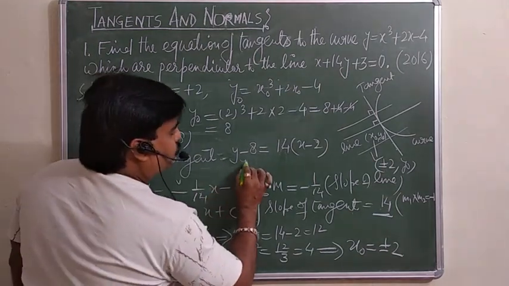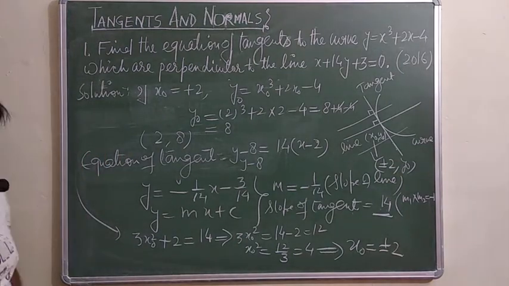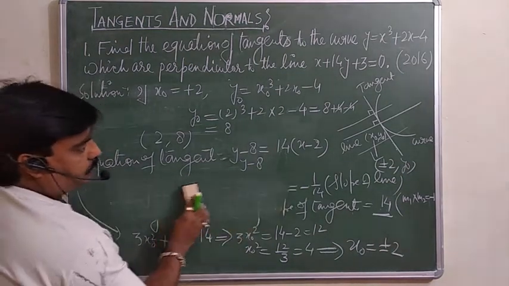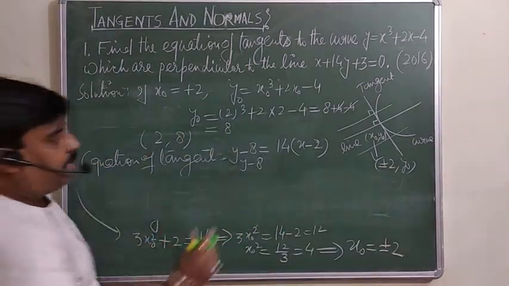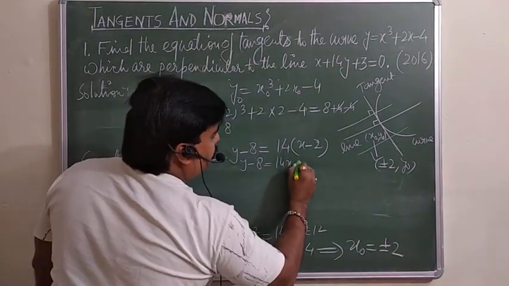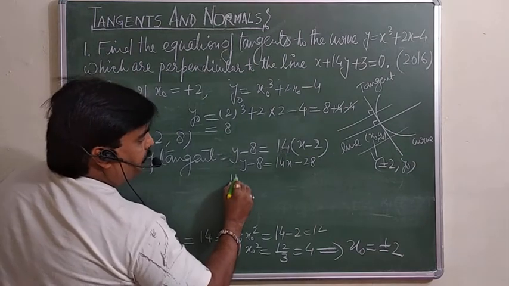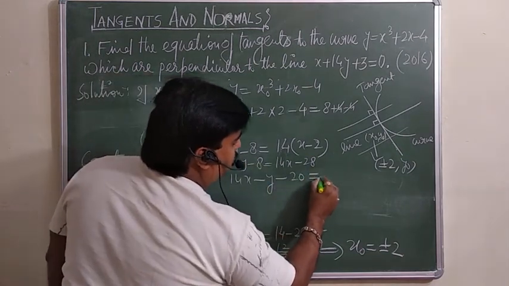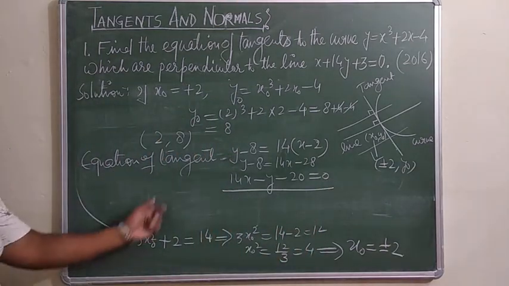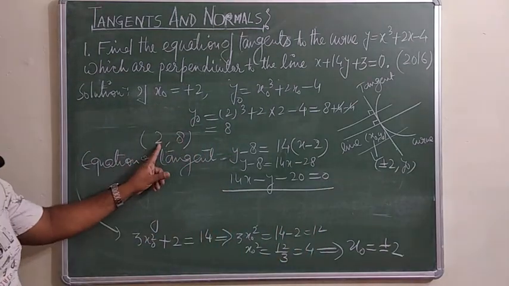You can solve this. So y minus 8 is equal to 14x minus 28. So 14x minus y minus 20 is equal to 0. So this is the first equation of the tangent, in case the coordinate is this one.